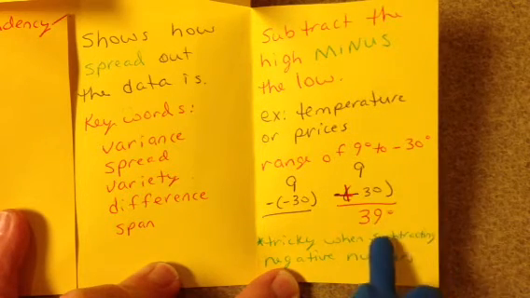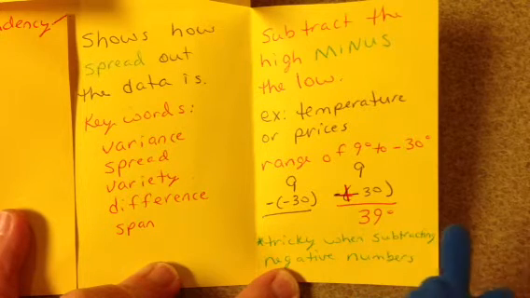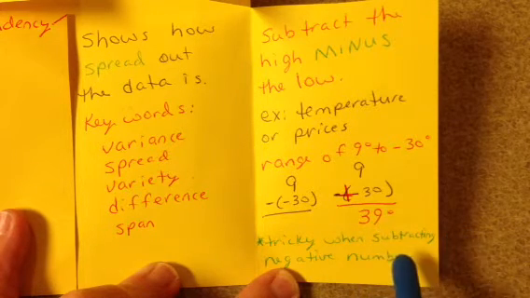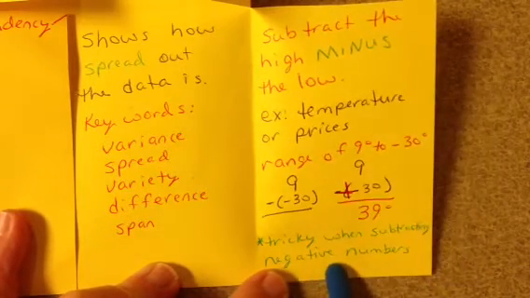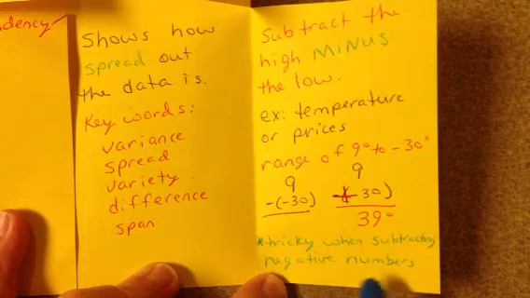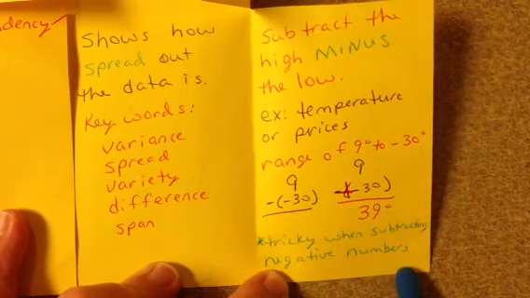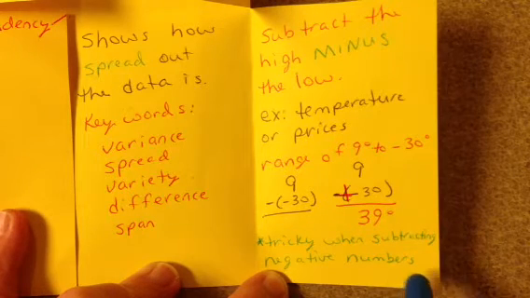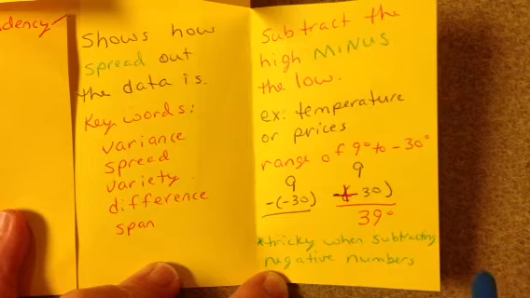Okay, so 9 plus 30 is 39. So the range from 9 degrees to a negative 30 degrees is 39. And it's easy to see this if we use a number line. But just remember that when we're subtracting negative numbers, we have to use our integer rules, and that can be tricky. Just remember to think of a number line or a thermometer when you're finding the range.